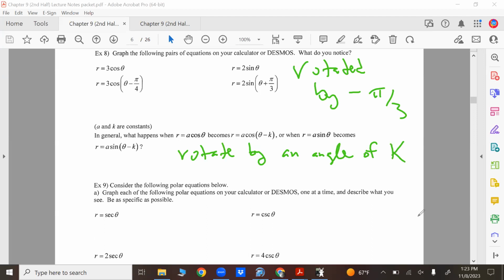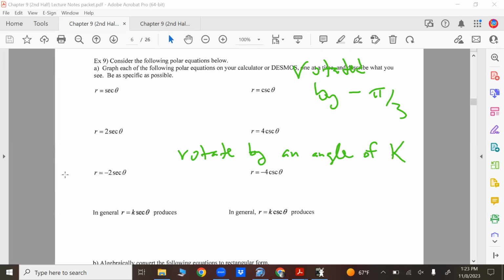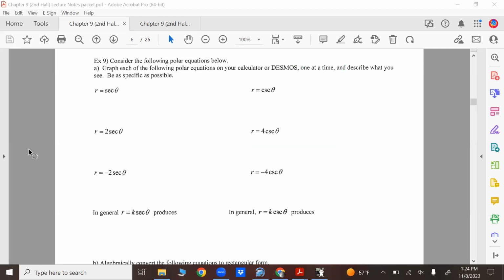So let's talk about secant and cosecant. Okay, for secant, I'll do it on the board. We know R equals 1 over cos theta.